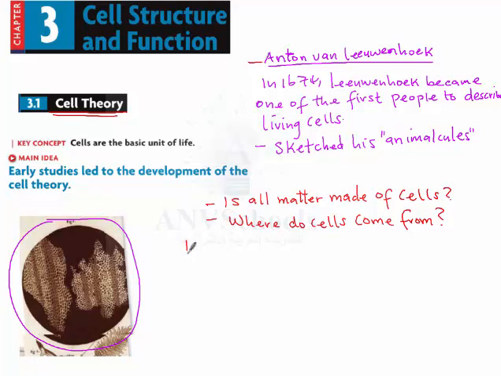The German scientist Matthias Schleiden was next in the row. He also used a compound microscope to study plant tissue. In 1838, he proposed that plants are made of cells.